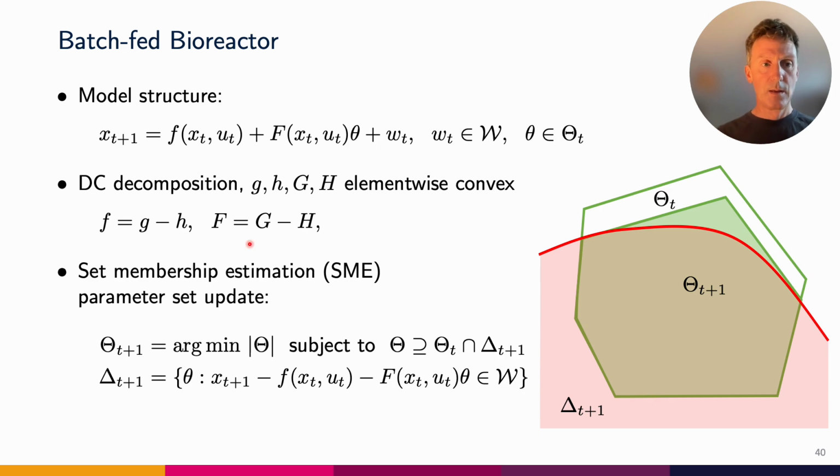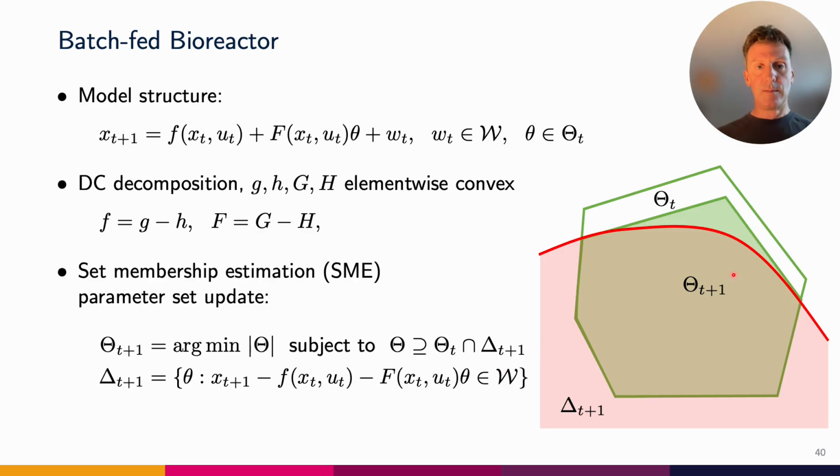The set membership estimation scheme involves constructing an unfalsified parameter set at each time step. This basically consists of all the possible values that the parameters could take, given the current state measurement or estimate, and given the bounds on the disturbance. Then we update our estimate of the parameter set by taking the intersection of our current parameter estimate set with this unfalsified set.